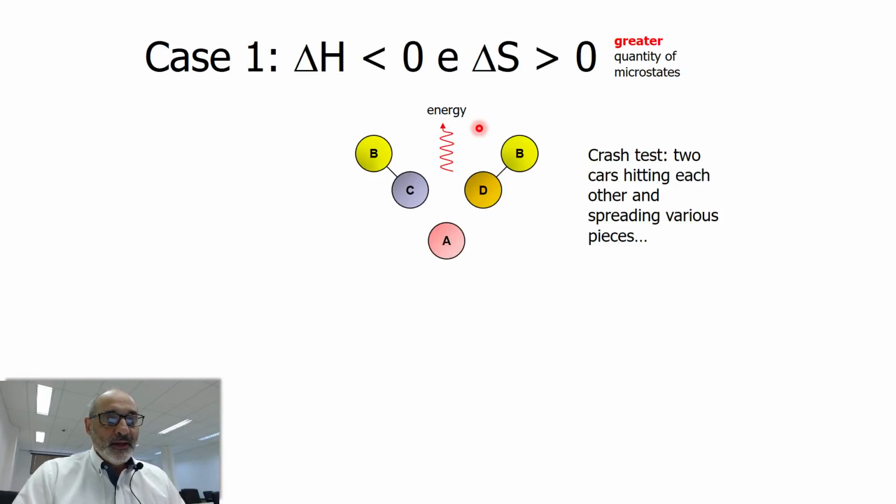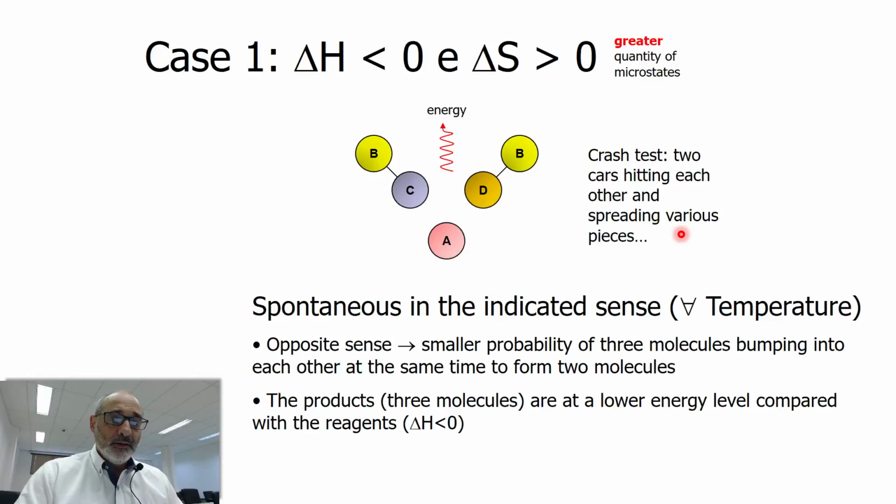Well, so we know this. It's like cars that just crashed into each other and spread various pieces all over the place. So in this case, it's natural to assume that the process is spontaneous in the indicated sense.